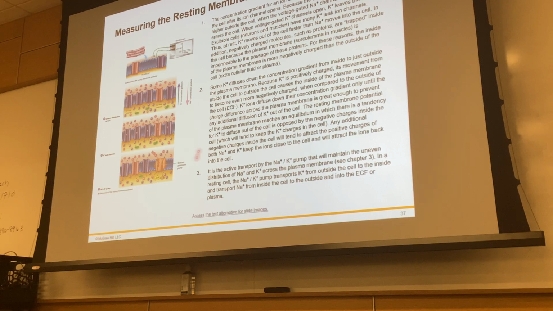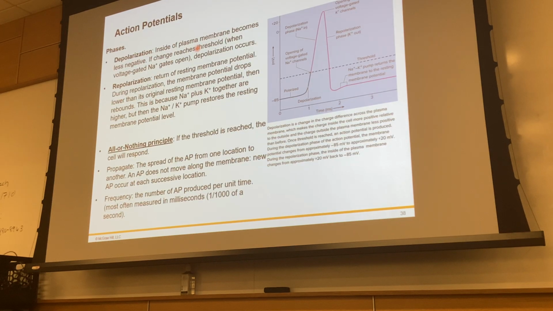This is all more description of that, right? The resting membrane potential and measuring the resting membrane potential. The resting membrane potential is negative, and the charge there is in millivolts, so thousandths of a volt. When a neuron is resting, it is polarized.